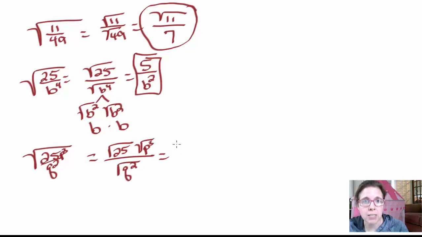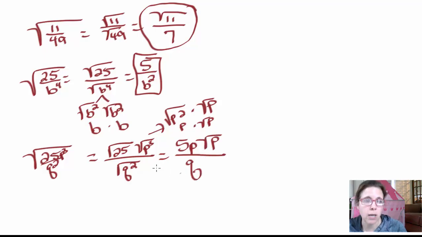This is the same as 5, and the square root of p cubed is the same as the square root of p squared times the square root of p. So this would become p times the square root of p. So we have 5p square root of p over q. Remember, the square root and the squared cancel.